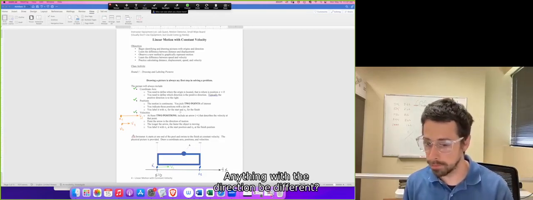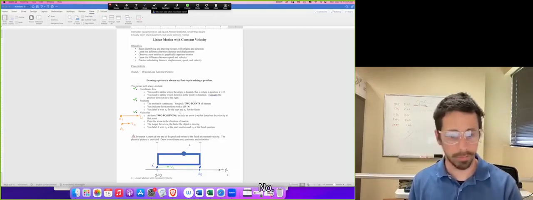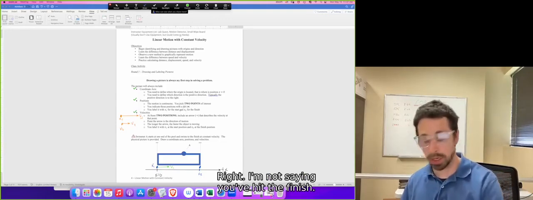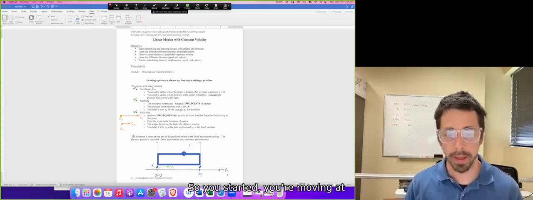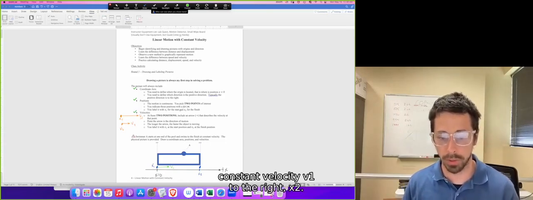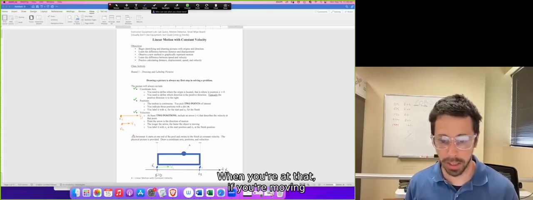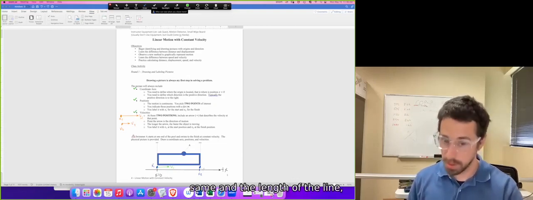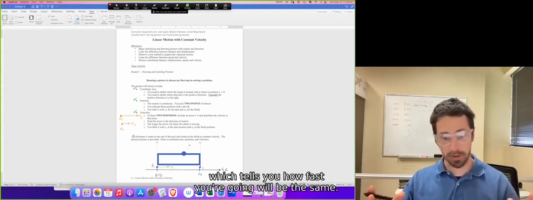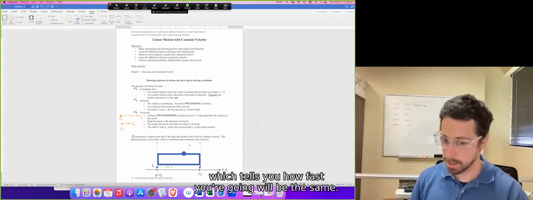Would the direction be different? No, still moving to the right. I'm not saying you've hit the finish line. You're going through the finish here. So you started, you're moving at constant velocity V1 to the right. At x2, if you're moving at a constant velocity, the direction will be the same, and the length of the line, which tells you how fast you're going, will be the same.